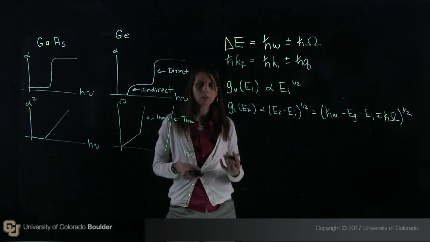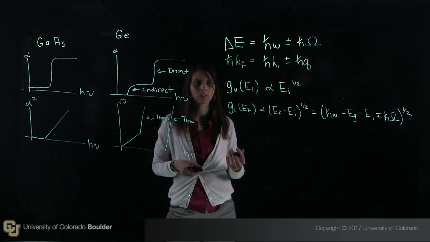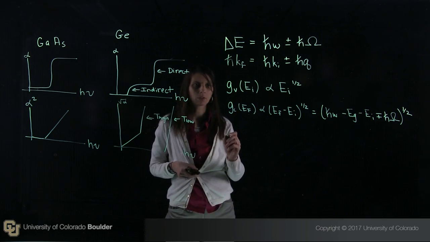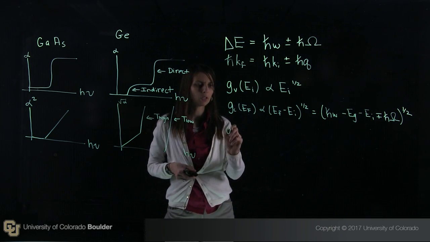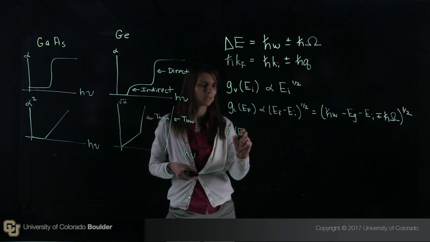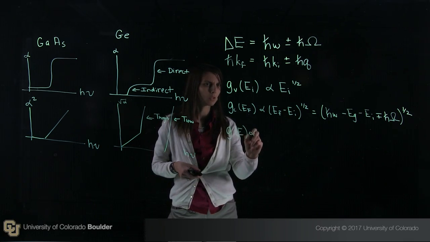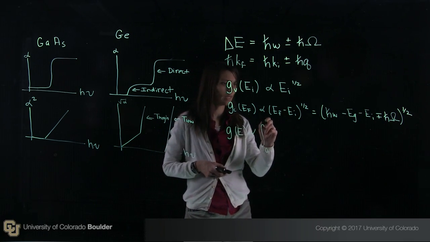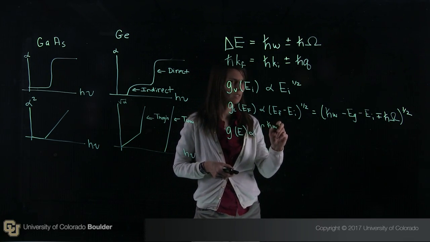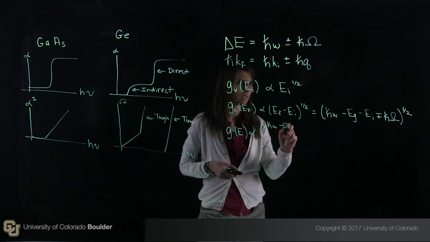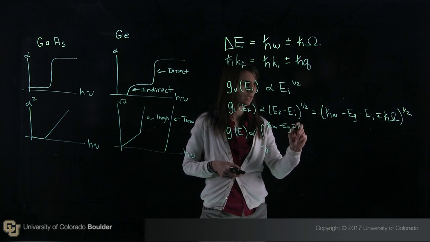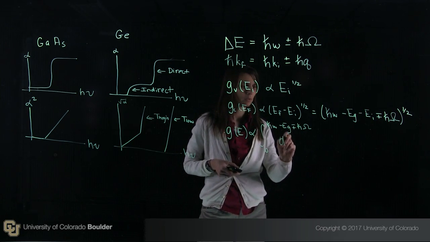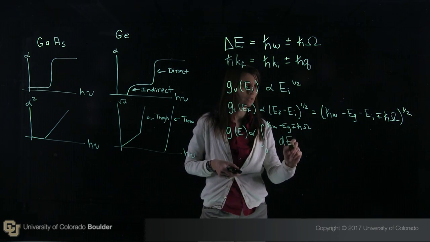So now what we actually want is the joint density of states. And we get that by multiplying these two functions and integrating. So g of E, the resultant thing, is going to be proportional to the integral from 0 to h bar omega minus E_G minus/plus h bar capital omega, with a derivative with respect to the initial energy.